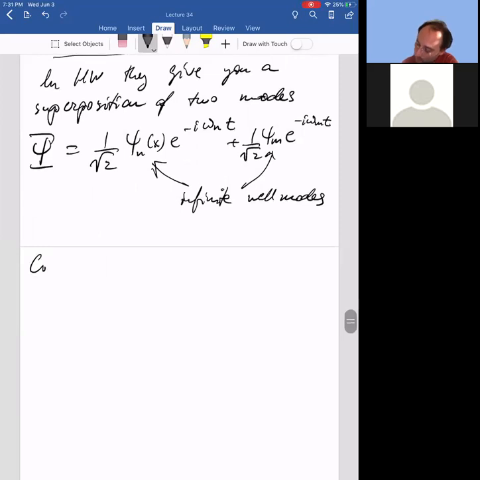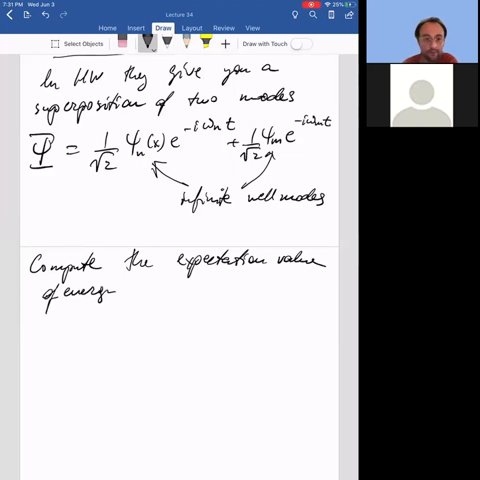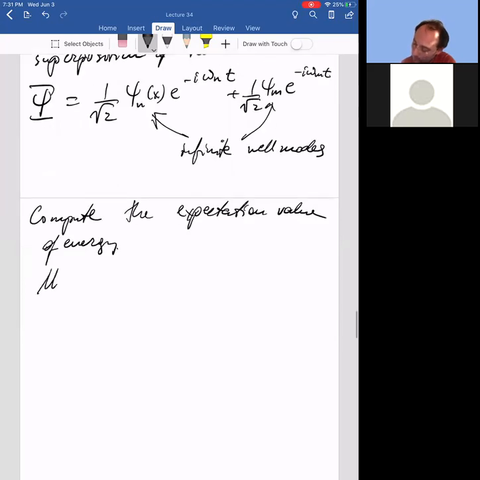So compute the expectation value of energy. There are 2 ways to do this. Method 1, just apply what you know.